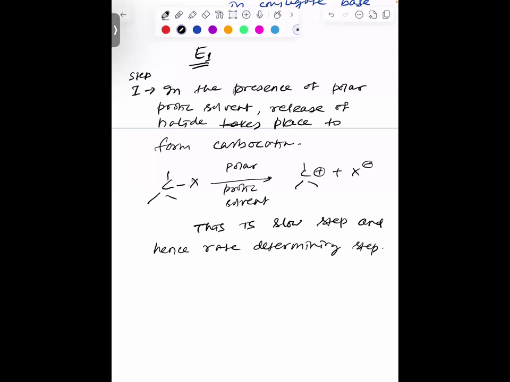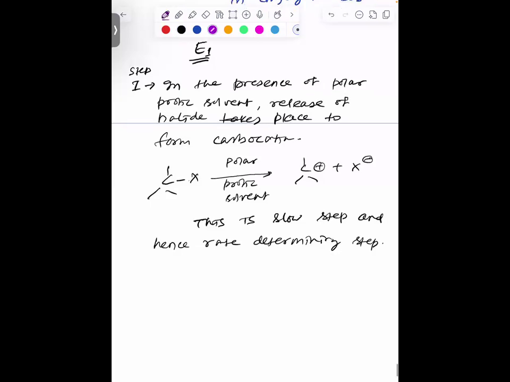Students, after the mechanism is discussed, we will discuss some questions. Note down. Now, step 2.